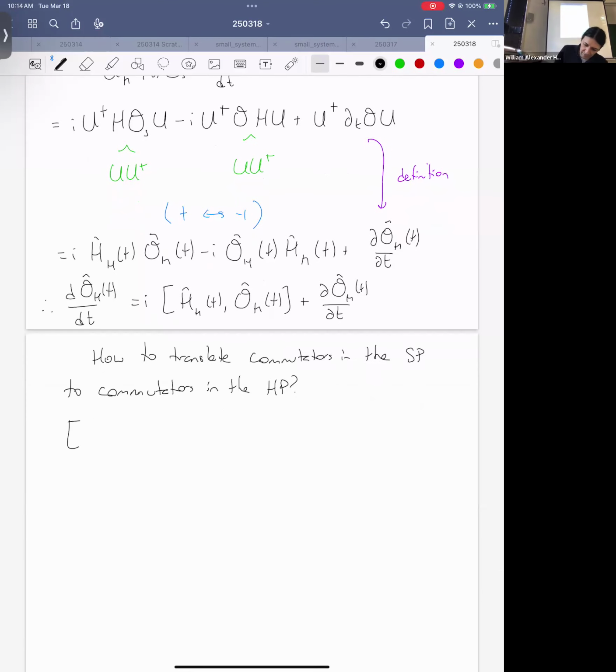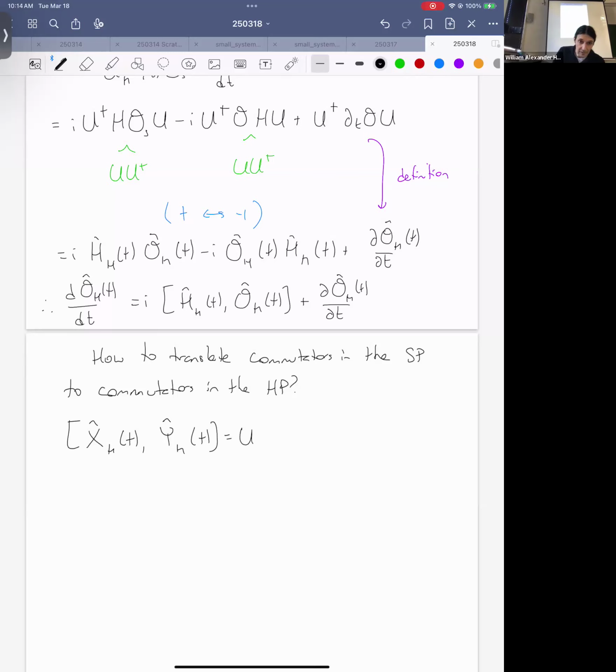Well, if I consider the commutator of some capital X operator in the Heisenberg picture at time t, with the operator capital Y, again in the Heisenberg picture at time t, again just dropping indices. If you need me to expand all the indices, let me know.